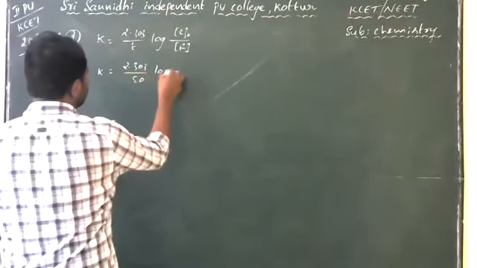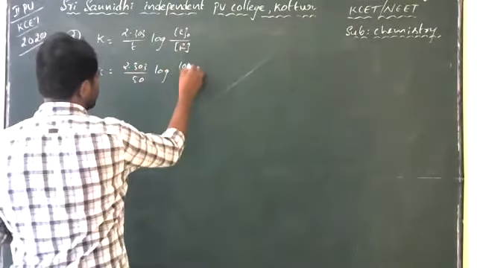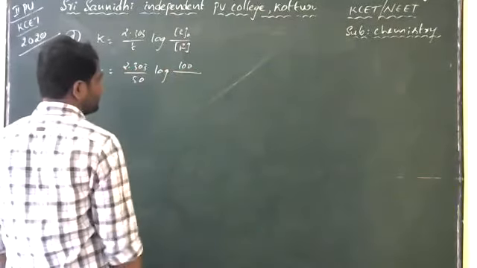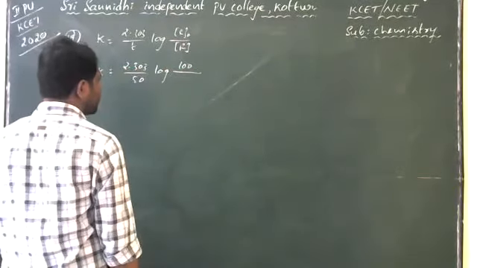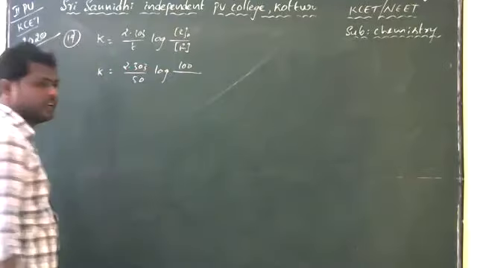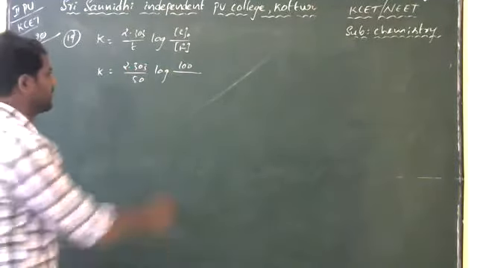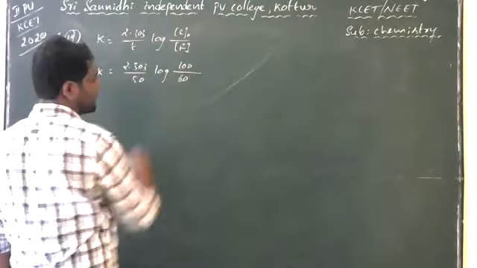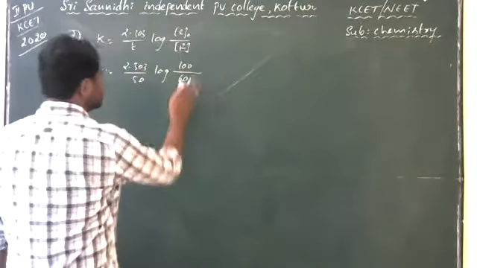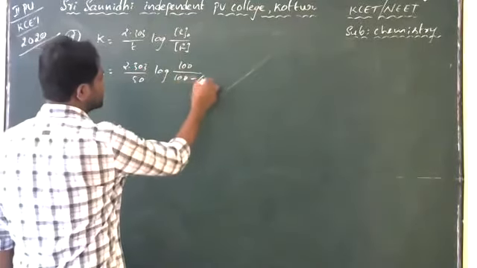Then log of the initial concentration, you have to take 100%. First 100% of the reaction is there. After 50 minutes, the reaction is completed only 60%. That's why R is equal to 100 minus 60, which is 40.